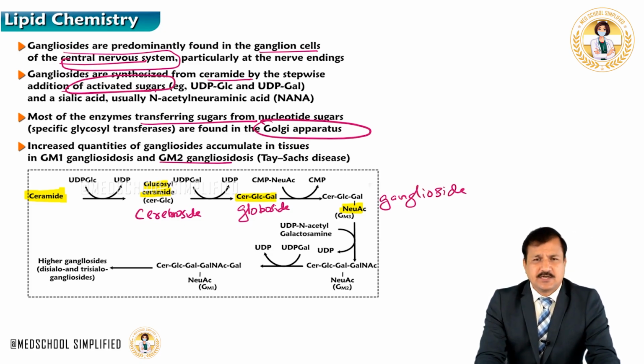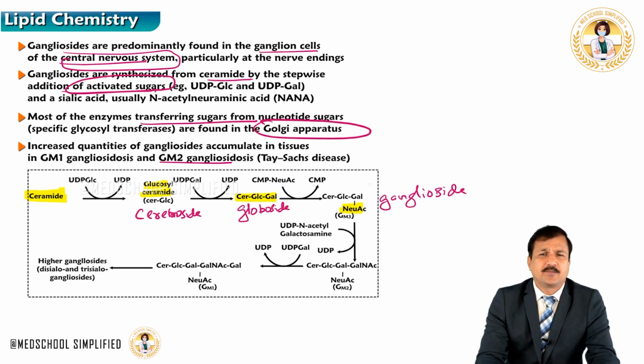Now let us understand the differences between cerebroside, globoside and ganglioside. So cerebrosides are ceramide plus monosaccharide. It can be glucose or galactose. If it is glucose, it is glucosyl ceramide, or if it is galactose, it is galactosyl ceramide.